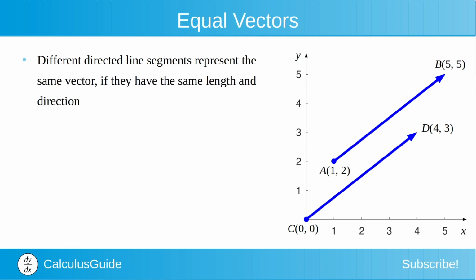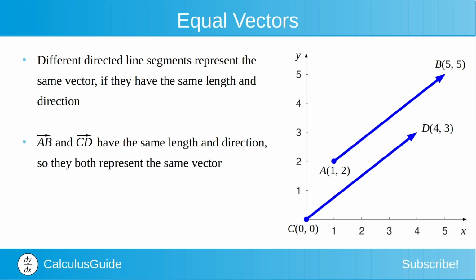Different directed line segments represent the same vector if they have the same length and direction. AB and CD have the same length and direction, so they both represent the same vector.